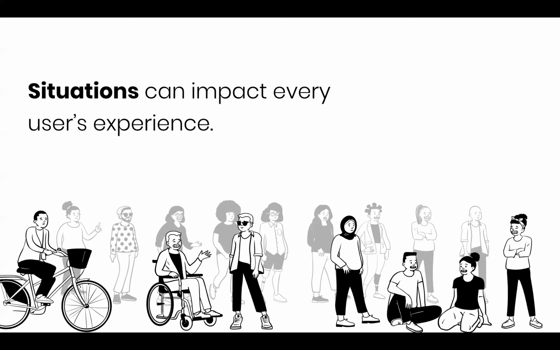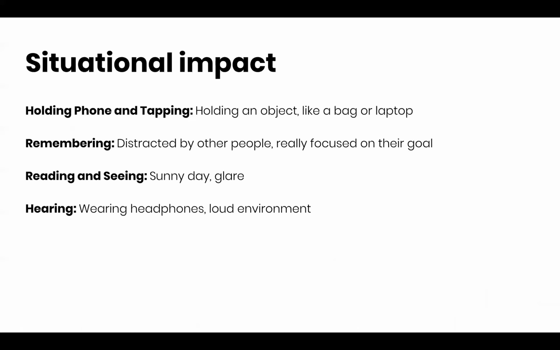But I want to go one step further. The idea is that situations, just being aware of what is happening with the user at any one time, expands that even more. So picking on holding a phone and tapping. You might not be missing a limb, you might not have broken an arm, but let's say you're holding a bag, you're holding a child, you're holding something else.